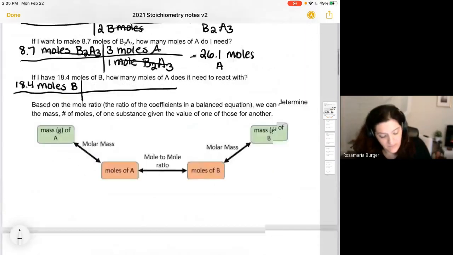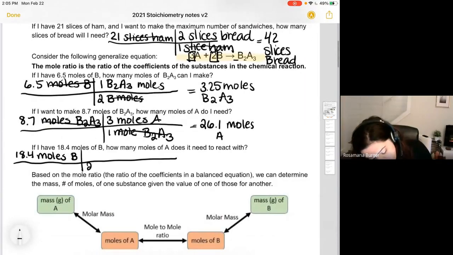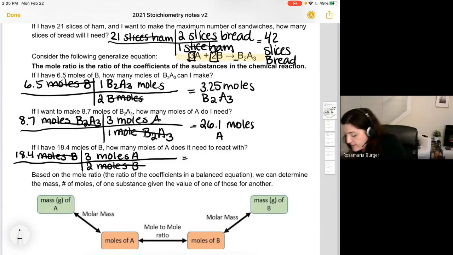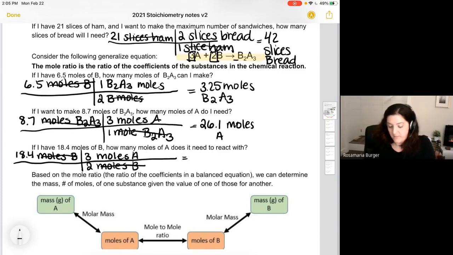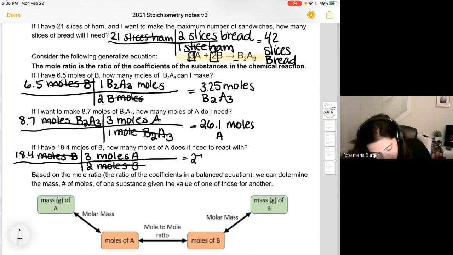So for every 2 moles of B, I get 3 moles of A. Moles of B cancels out, so I'm going to do 18.4 times 3 divided by 2. That gets me 27.6 moles of A.